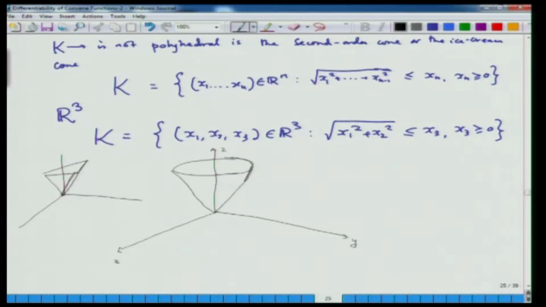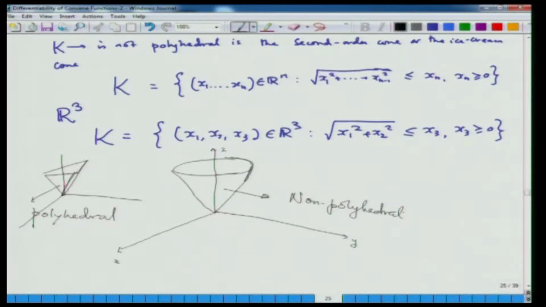This would be the example of a polyhedral cone. So, this is a polyhedral cone, and this is a non-polyhedral cone. So, these are the two drawings.